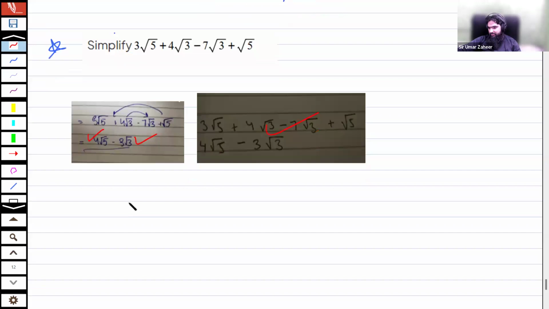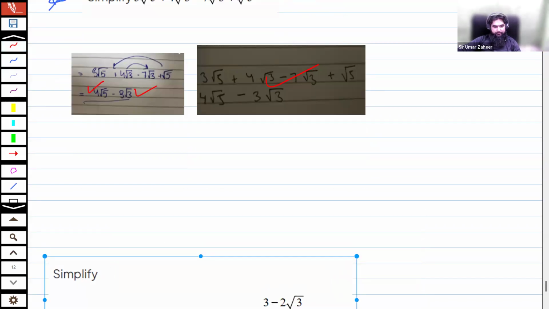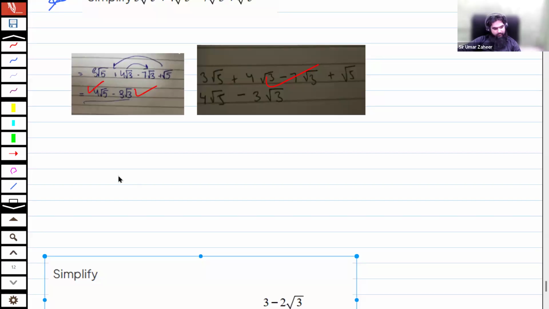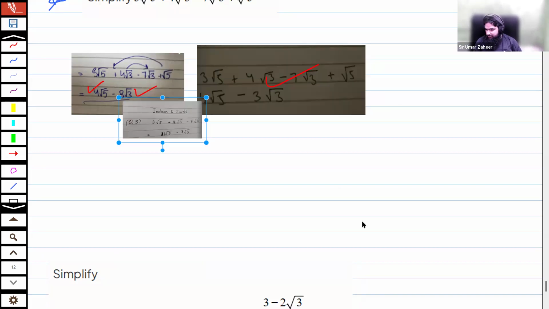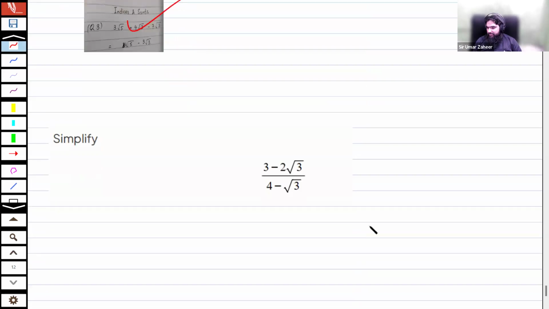Yes, I received it. You sent it in the group. All right, one second. When you're sending the picture, make sure it is in rotated form. Okay. Yeah, that's correct. All right, everyone, please do this one.